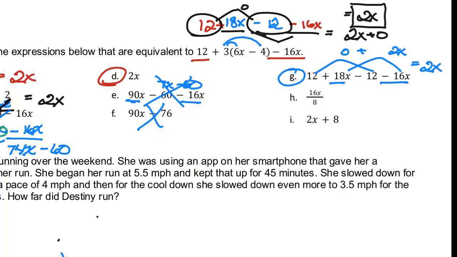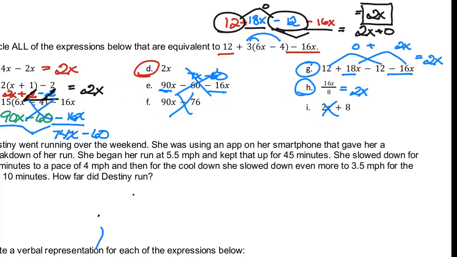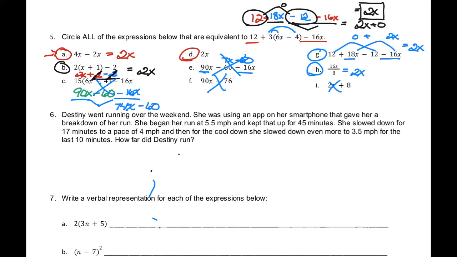And you have an x left over, so is that equivalent? Yes. That equals 2x. You can do that. And the last one, 2x plus 8, is that equivalent? No. So the equivalent expressions are A, B, D, G, and H.